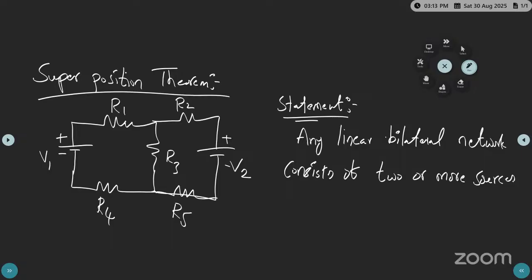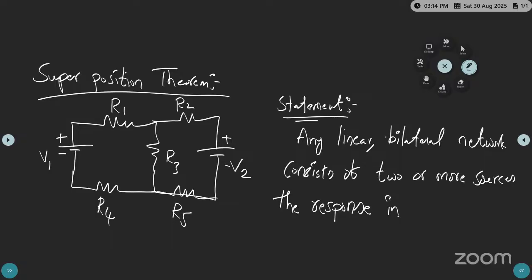Okay, right. Now, any linear bilateral network consisting of two or more sources, the response in any element. What is the meaning of response? I will tell.